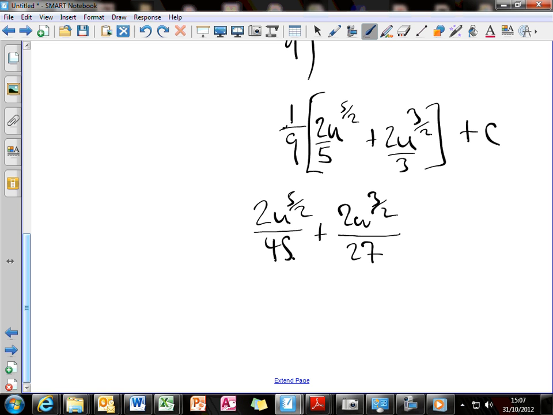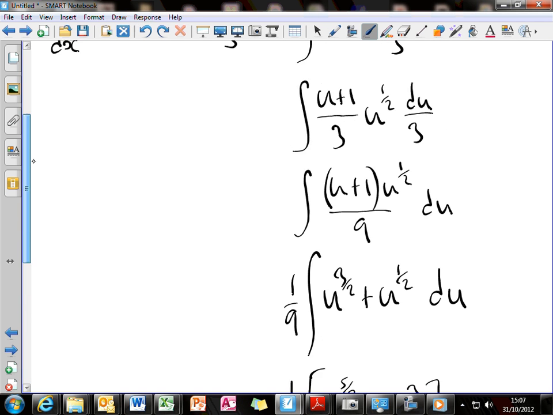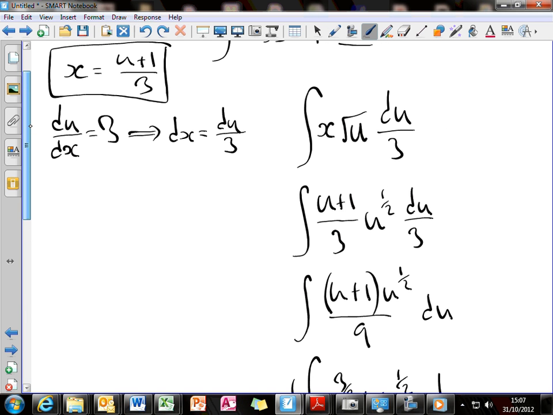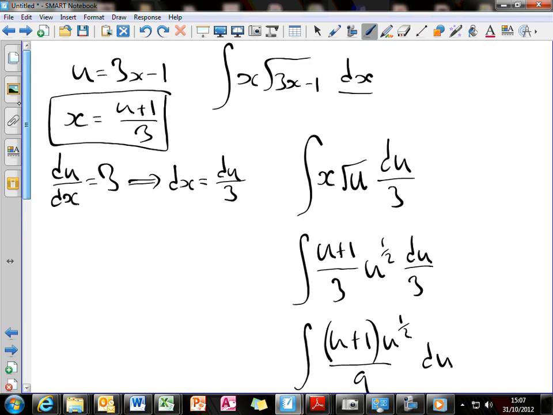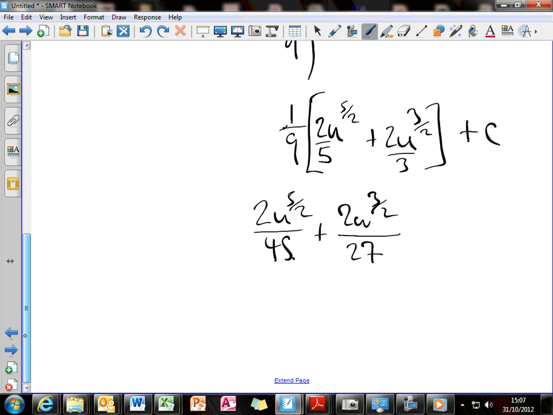What I want to do is substitute the u, which is something that we came up with, so we've got to write the answer out in terms of x, and remember that u was 3x minus 1.